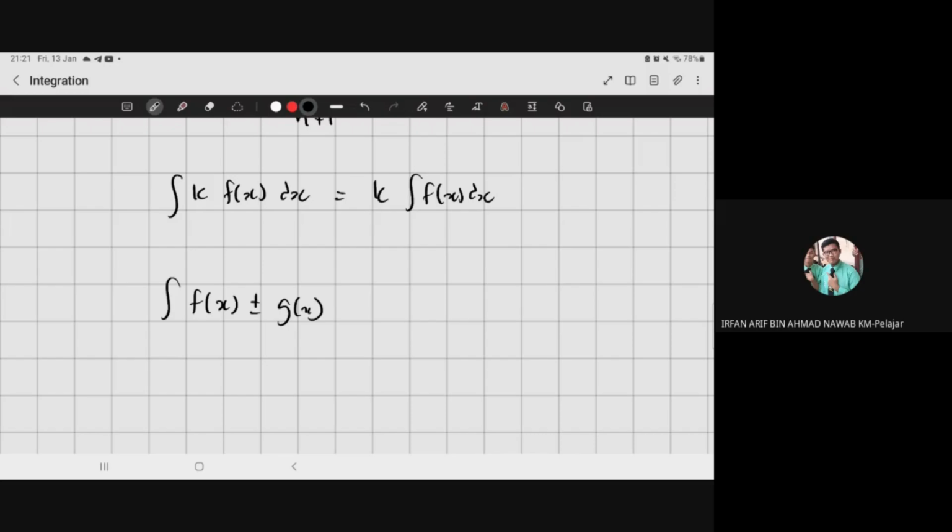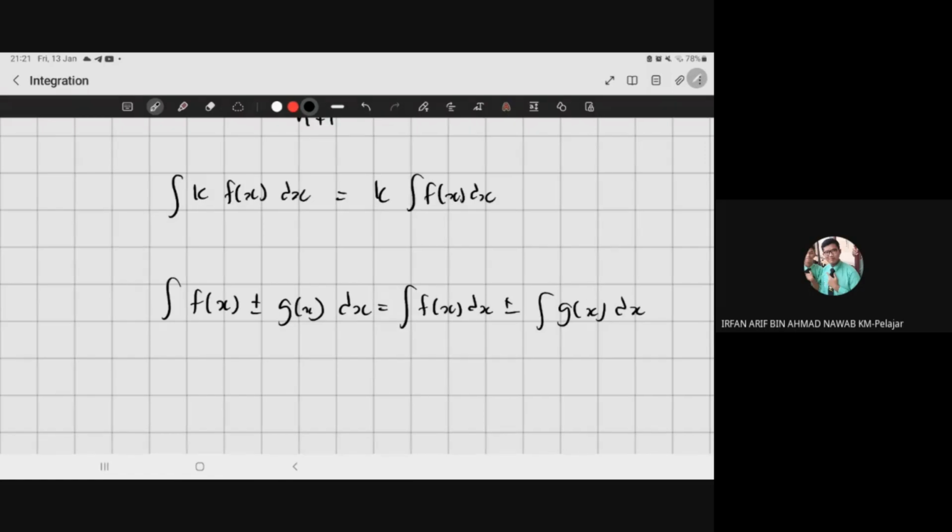This rule states that you could do it like this. It's like expanding the integral.